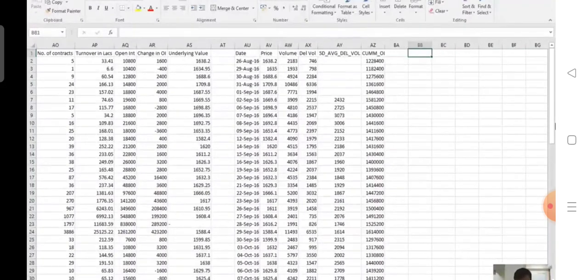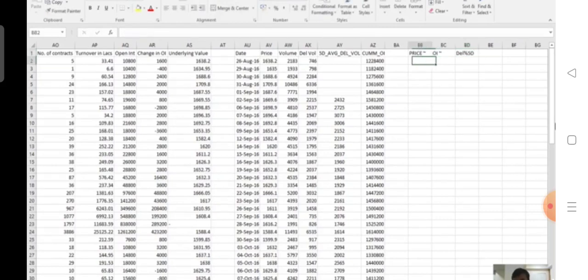Okay. So let us try to calculate the price change, OI change, delivery as percentage of 5-day average.